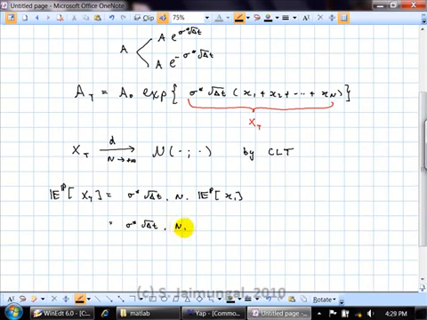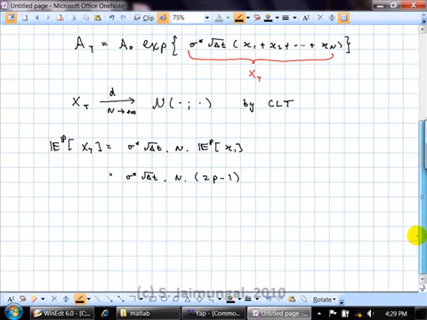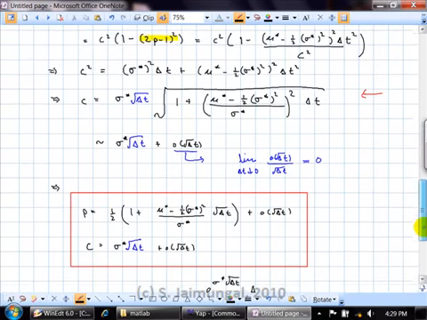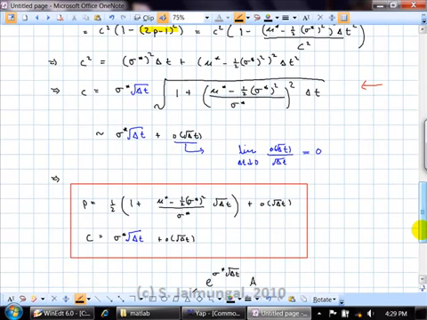What's the expected value of any one? 2p minus 1, remember? Do you agree? What was 2p minus 1 equal to? Well, if we just flip back, we can see, okay, well, here's p. If you multiply it by 2 and subtract the 1, you just get this ratio.